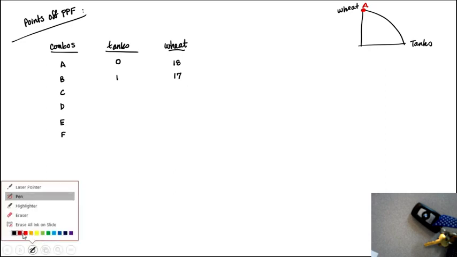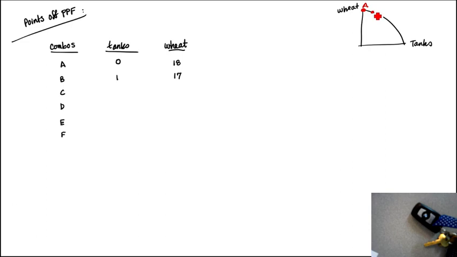So we've slid around here a little bit. Point C is going to be 2 tanks and 15 wheat. Point D is going to be 3 tanks and 12 wheat. E is going to be 4 tanks and 7 wheat. And F is going to be 5 tanks and 0 wheat.